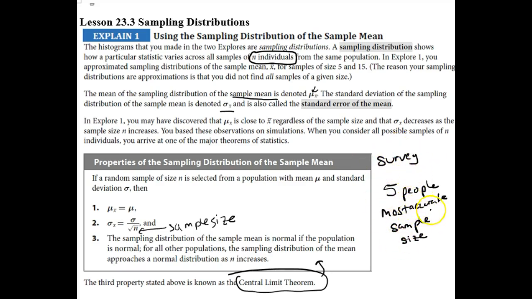Now if I poll about 500 or 5,000, you'll see that I have way more variety in my responses, but also my responses start approaching a normal distribution, which we learned looks like a bell curve. Okay, so just keep that in mind as we start applying some of these in Explain 1.